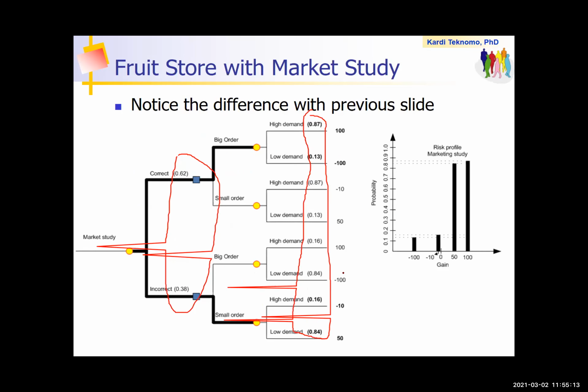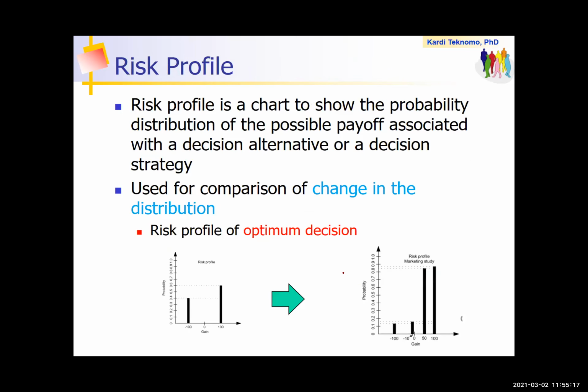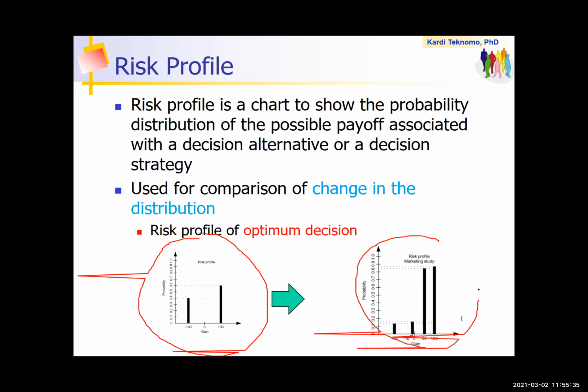Now based on the risk profile, you can see the risk profile change, right? Earlier, without market study, this is your risk profile. Now with market study, you have this risk profile.